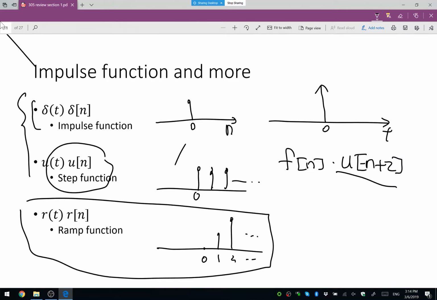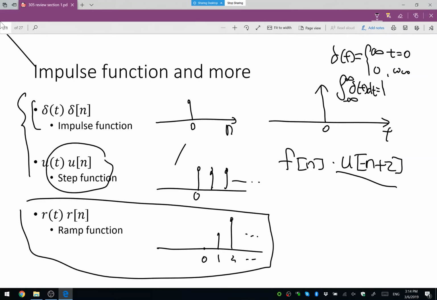So delta(t) is infinite when t equals 0, and 0 otherwise, but the integral from minus infinity to infinity of delta(t) dt equals 1.